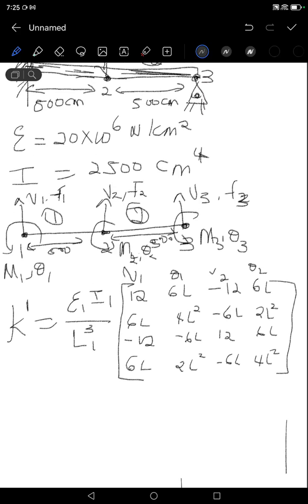Okay, our modulus is in Newton per centimeter square. Sorry, it's Newton. Oh, okay. So we give everything in centimeters. Yes. So there's no need to convert anything, they are both in centimeters. All right. Okay.